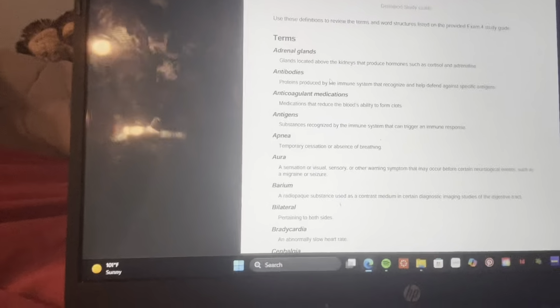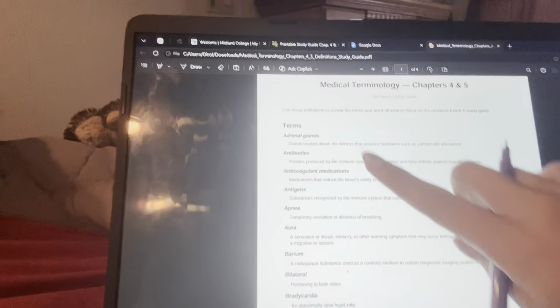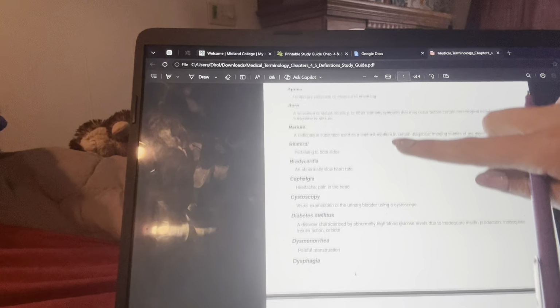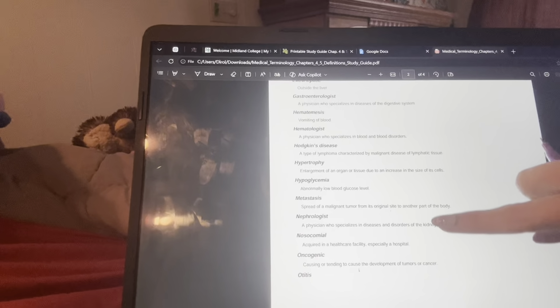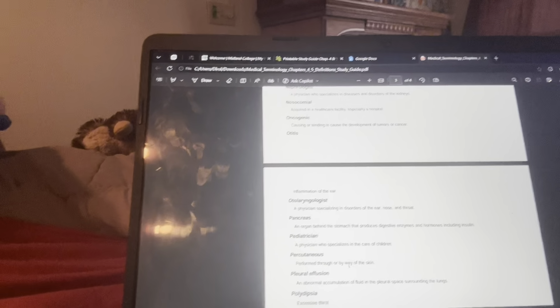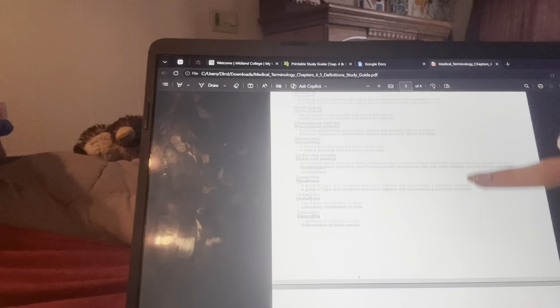So here we go. We have all the definitions underneath, and I'm gonna try my best after I take a shower to go through and write it all in my index cards, so that way I can flip through and do all of that.